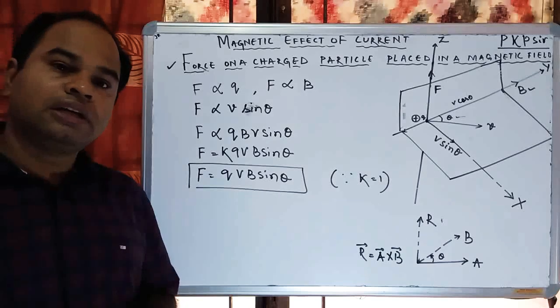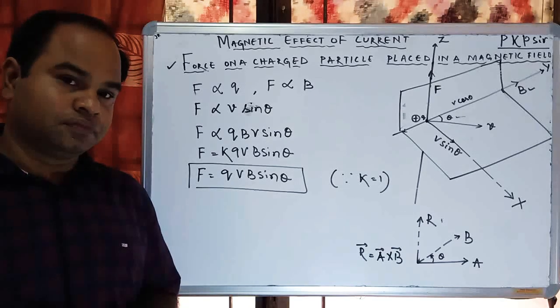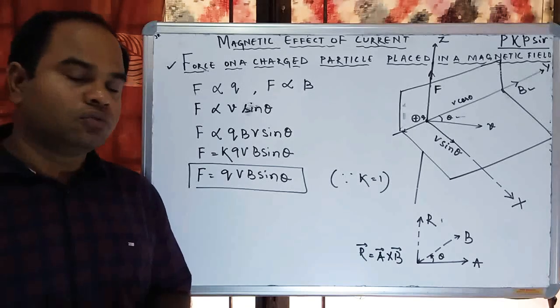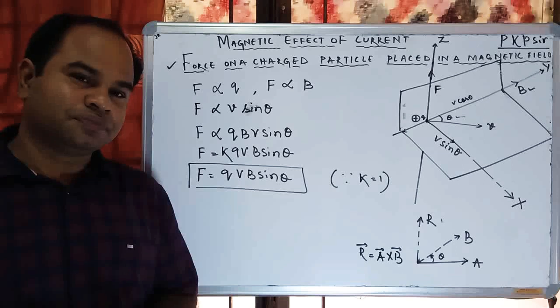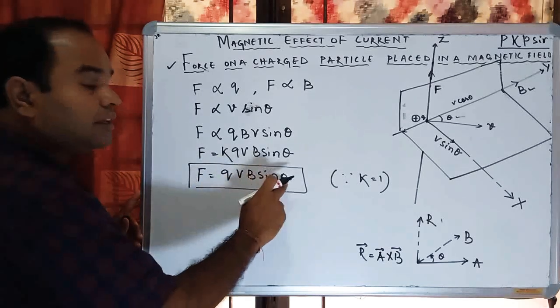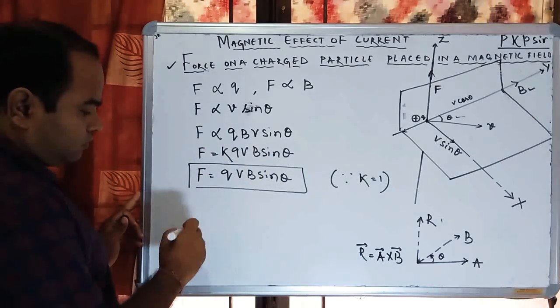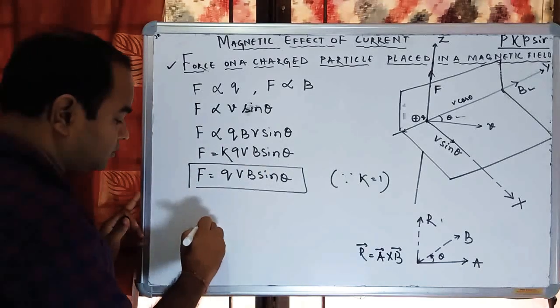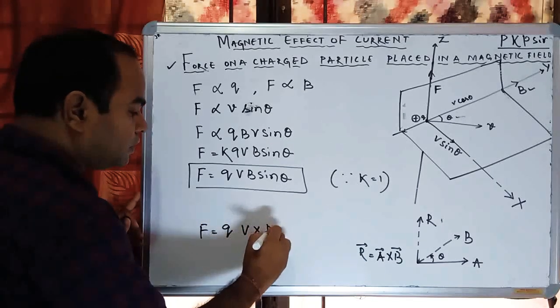Again, we know that in vector form, A cross B has magnitude AB sin theta. So here, F is equal to Q V B sin theta. So we can write in vector form the magnetic force F as F is equal to Q V cross B.